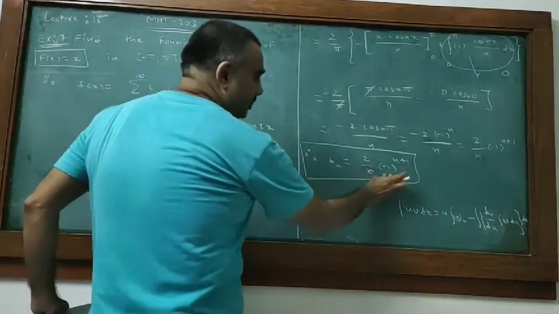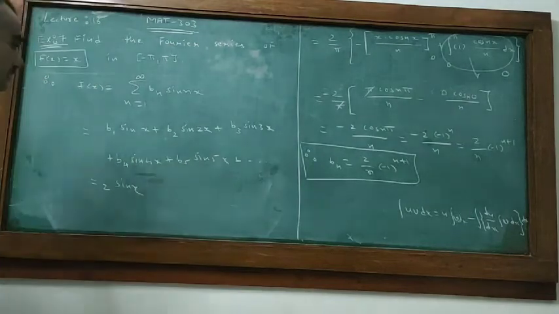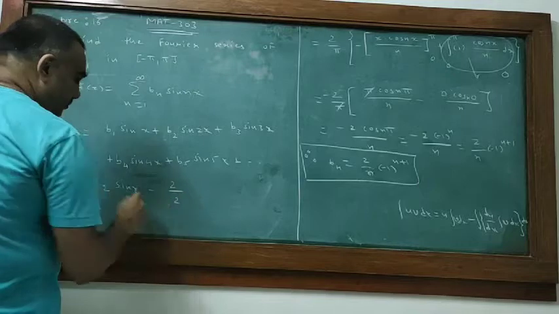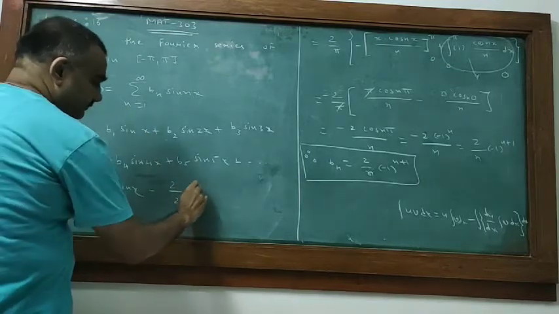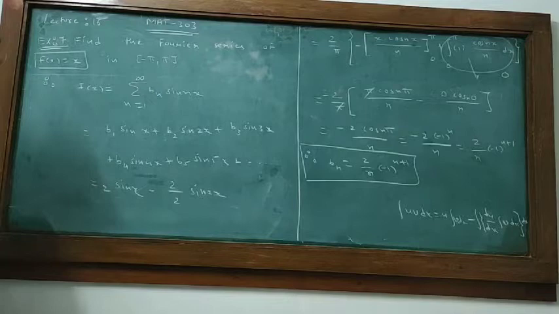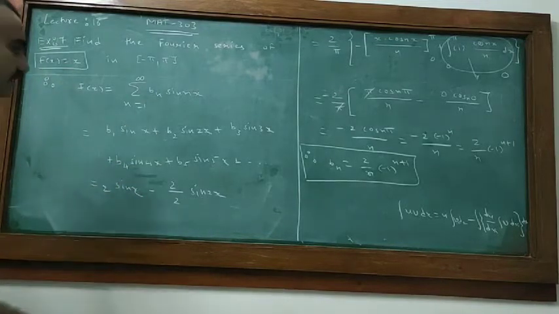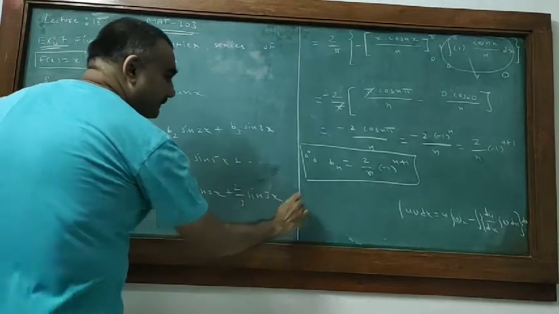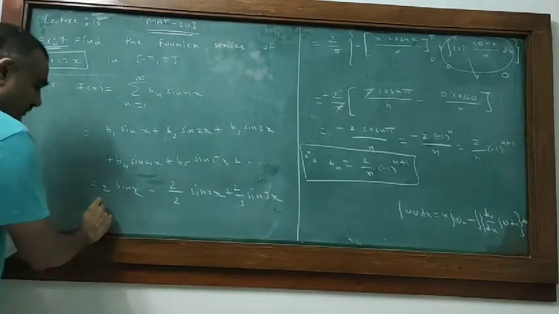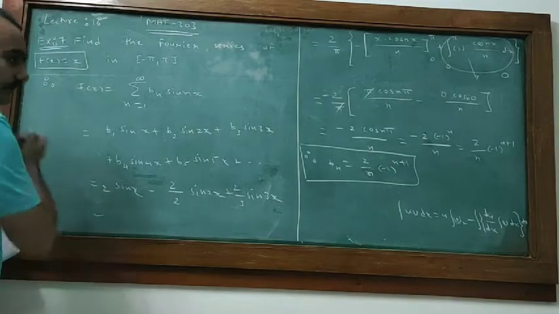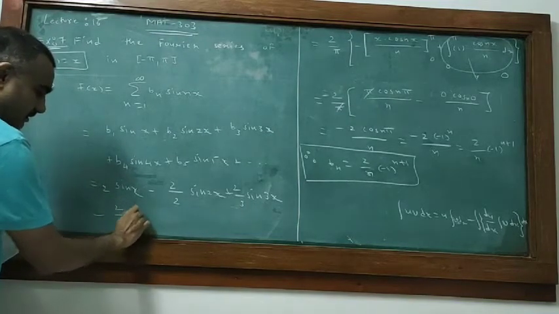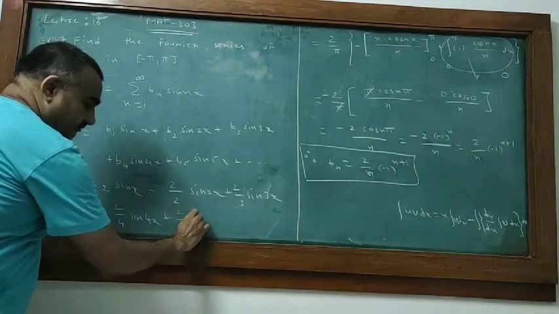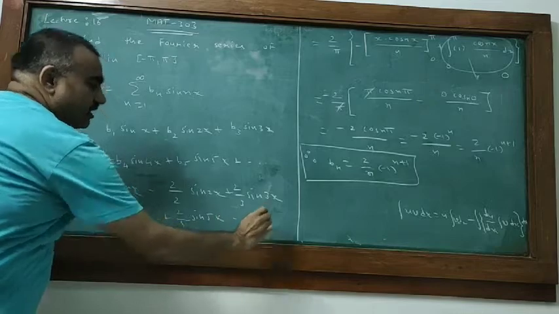This is minus 1 because minus 1 raised to 3, so minus 2 upon 2 sin 2x. Then n equal to 3, plus 2 by 3 sin 3x. Then n equal to 4, minus 2 by 4 sin 4x. Then n equal to 5 and other terms.